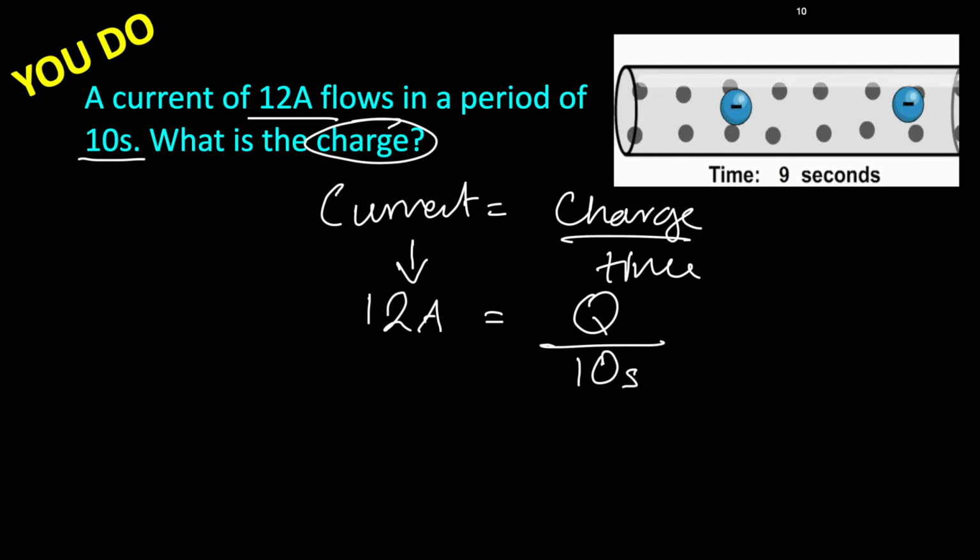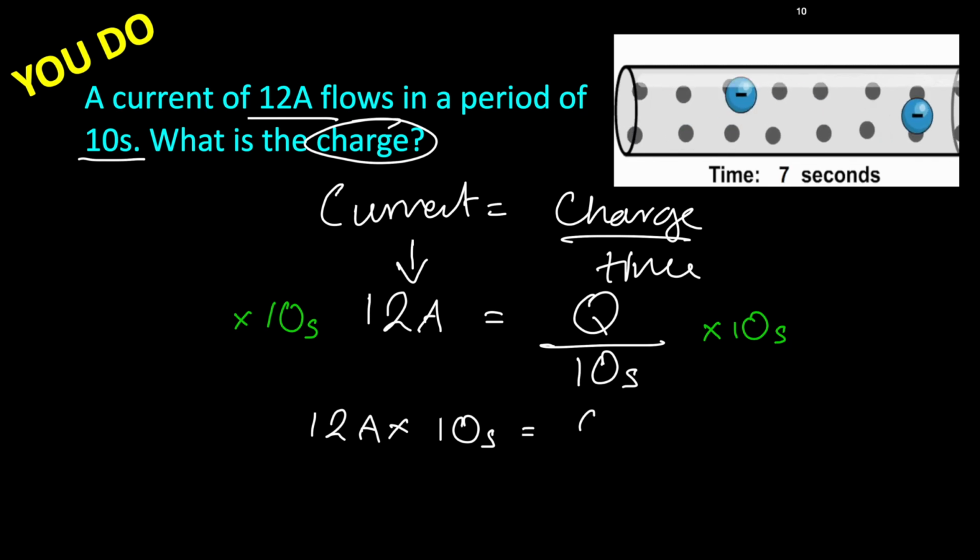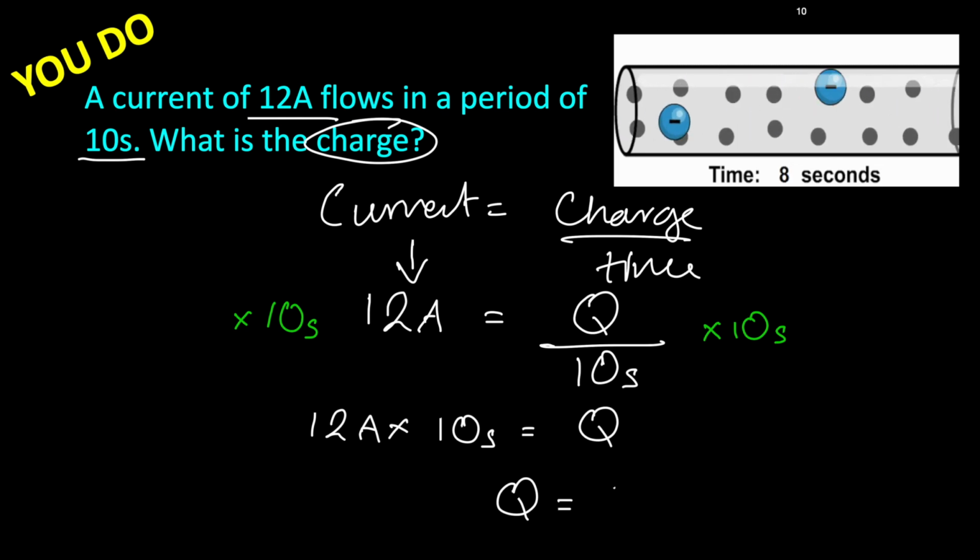In this case, we need to rearrange our equation or do the inverse to find our answer. And we're going to multiply both sides by 10 seconds. Okay, so we'll get 12 amps times 10 seconds, which is equal to Q. Add that into our calculator, and we'll find that Q is equal to 120 coulombs. That's it.